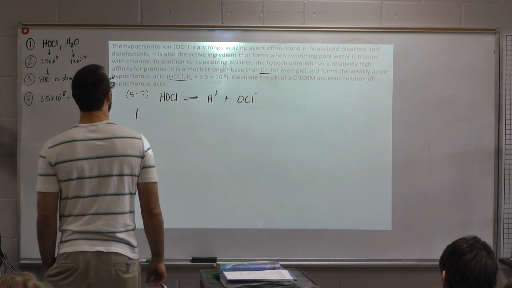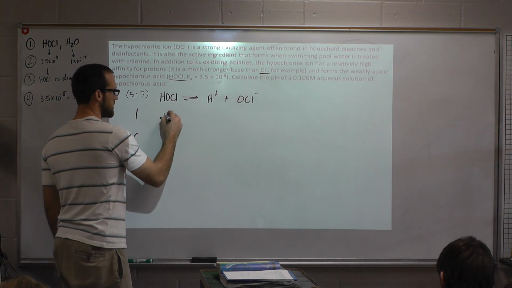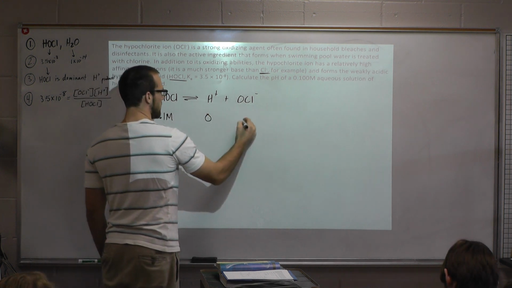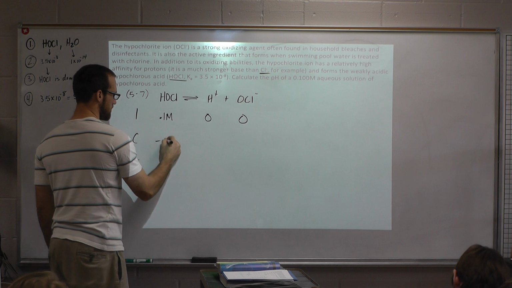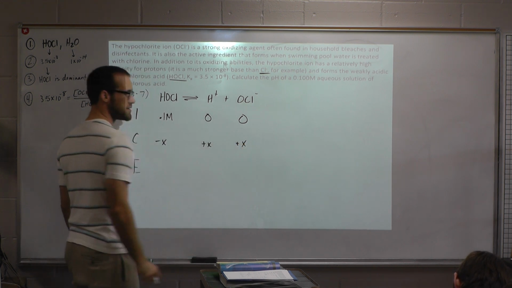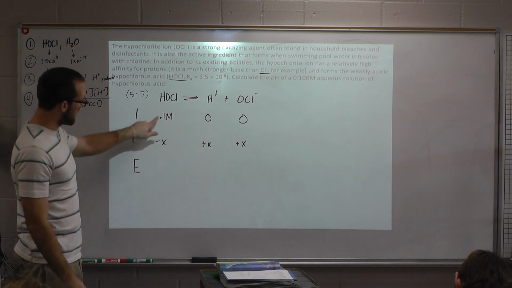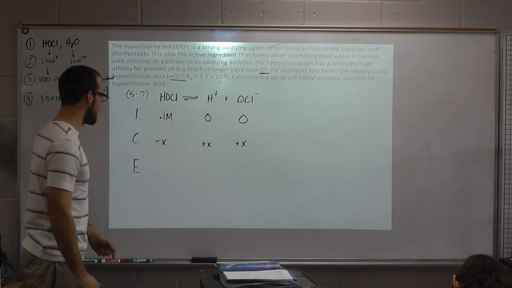Cool? Okay, it tells us the concentration of this. These are 0. Why is it minus and then 2 pluses? Because I have some amount and 0.